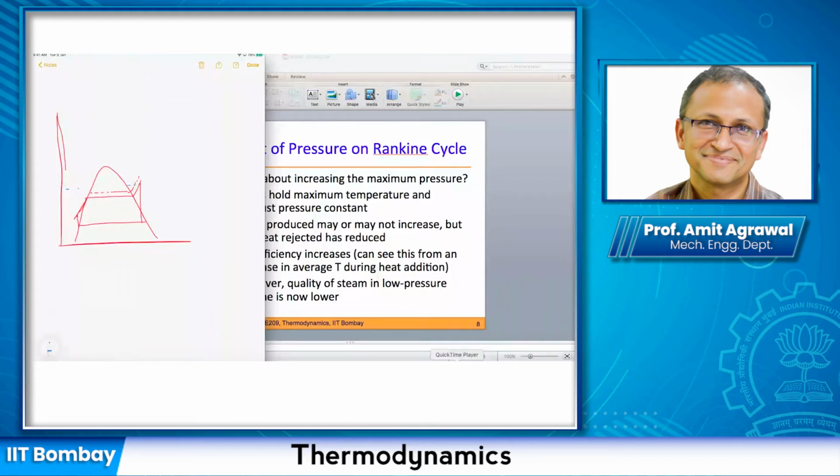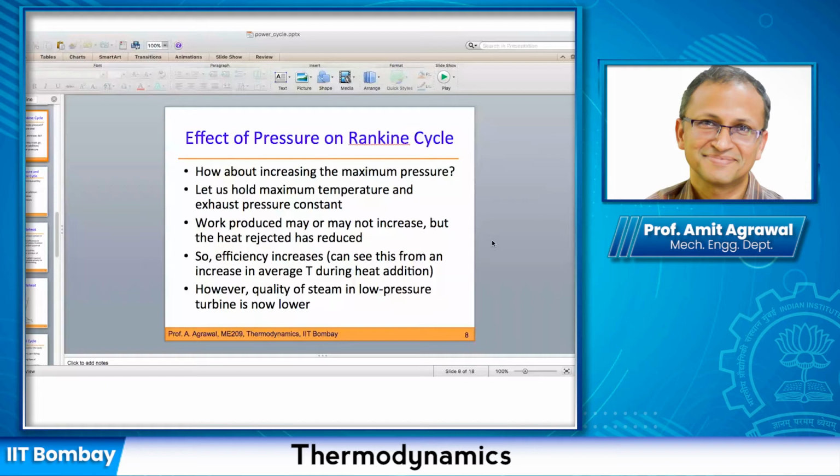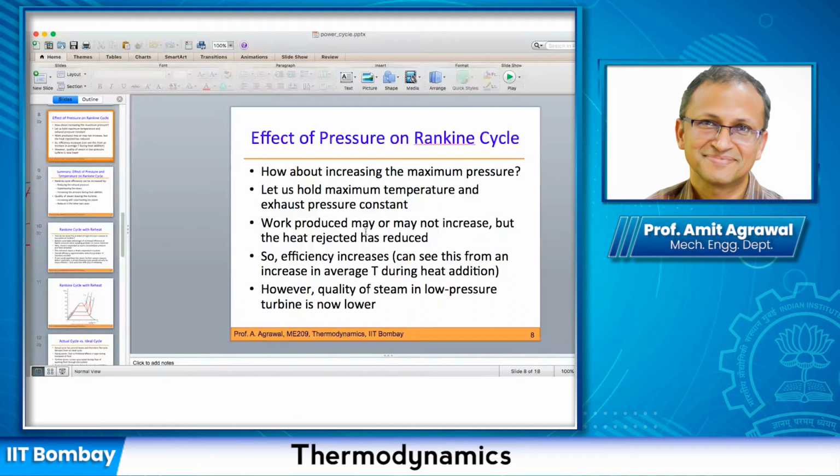Of course, this is a TS diagram. So we want to hold the maximum temperature constant and see how much work has been produced.